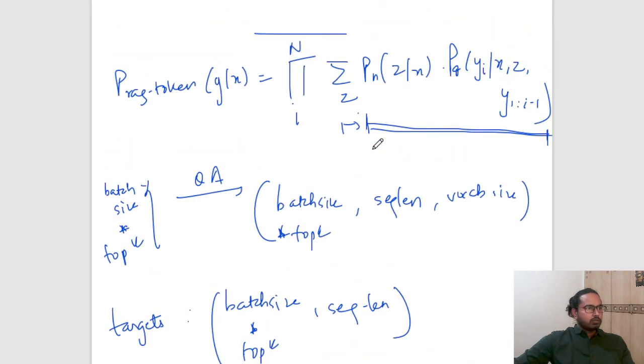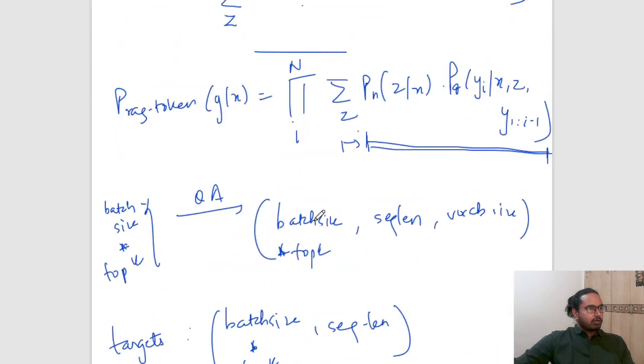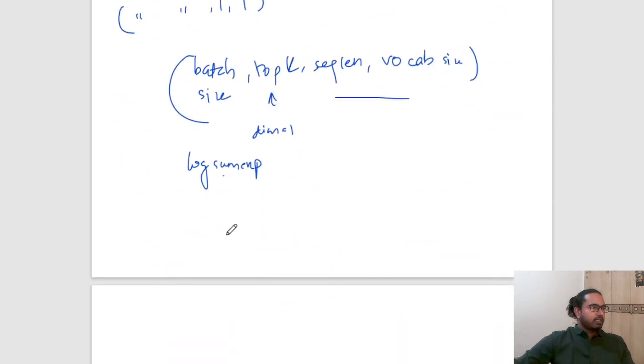Since it is in log space, to keep it numerically the same, we take an exponential, then we take a sum in dimension equal to 1, and we take the log of this entire thing from here till here. When we do that, we get a tensor of shape batch size comma sequence length comma vocab size.